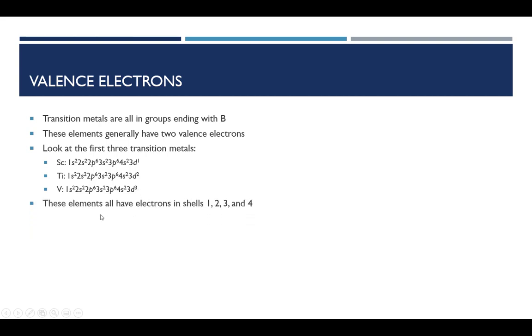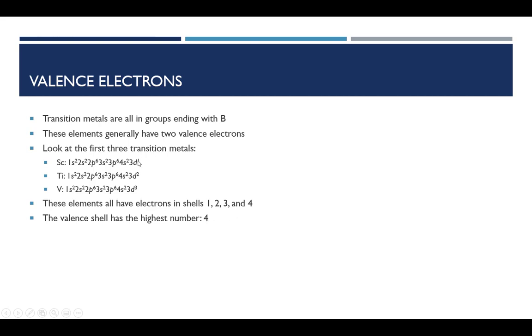Which of these shells have electrons? Well, the first shell, the second shell, 2s, 2p, the third shell, 3s, 3p, and 3d, and the fourth shell. Which of those is the valence shell? Remember, it's the highest number. So the valence shell for all of these atoms would be 4.